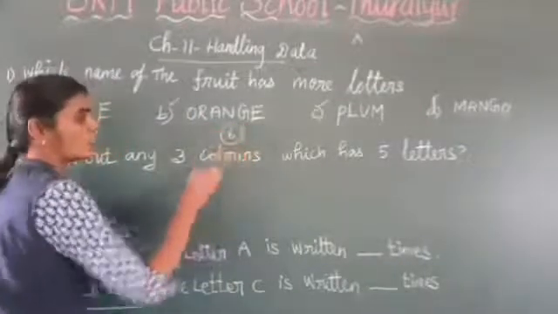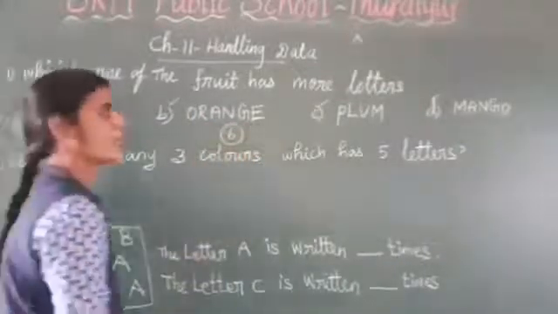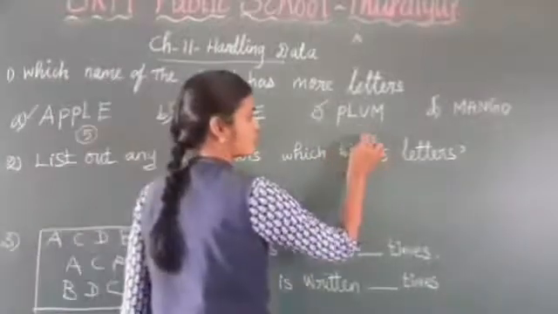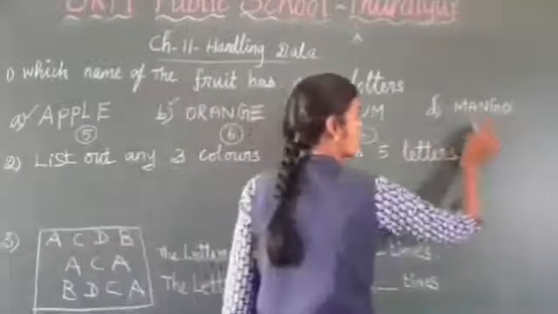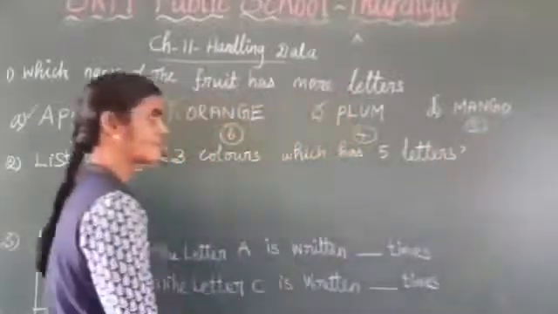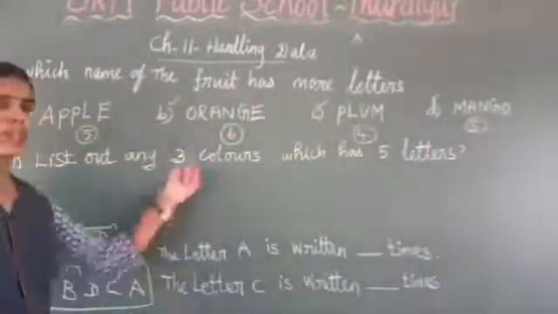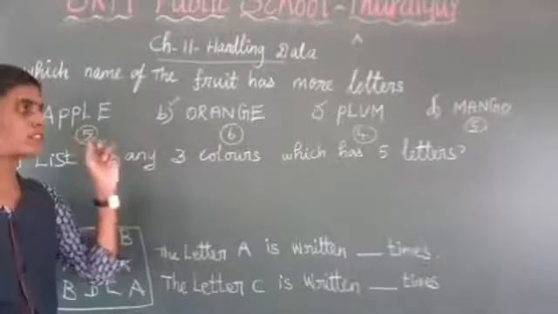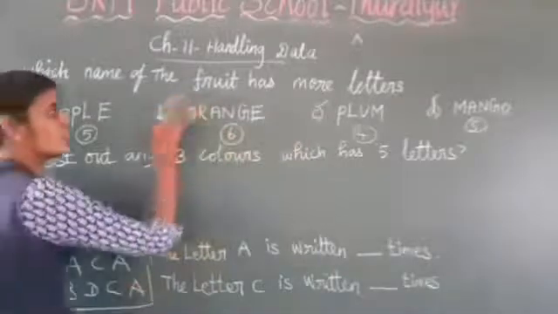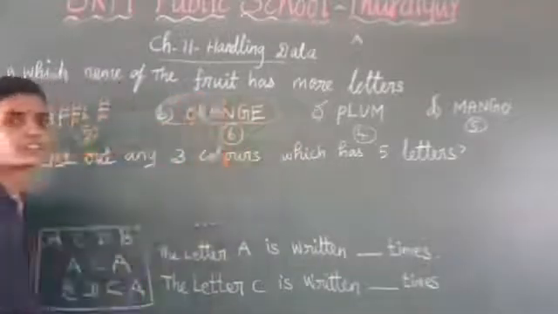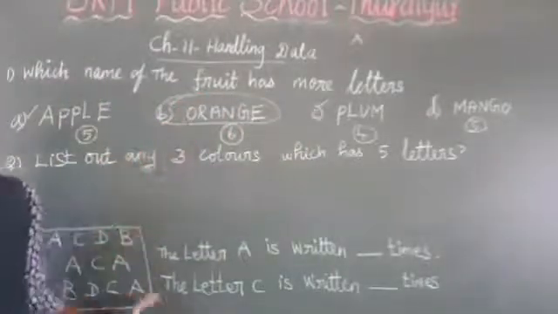Plum has 4 letters. So count one by one slowly. Mango has 5 letters. Now identify which fruit name has the most letters. Yes, 5, 6, 4, 5. So orange has the most letters. This is the correct answer.